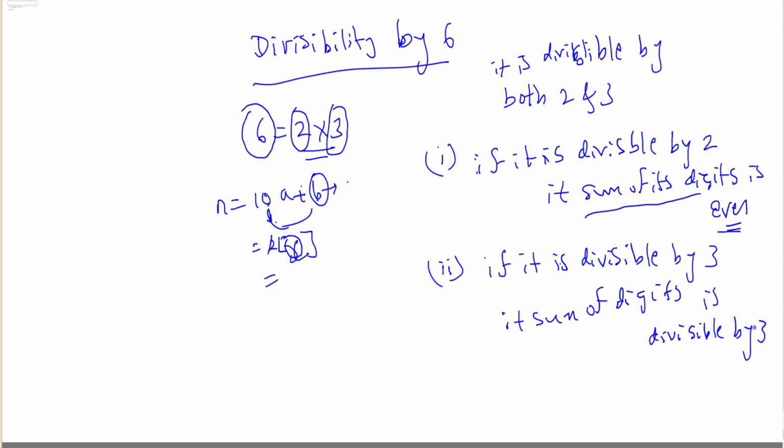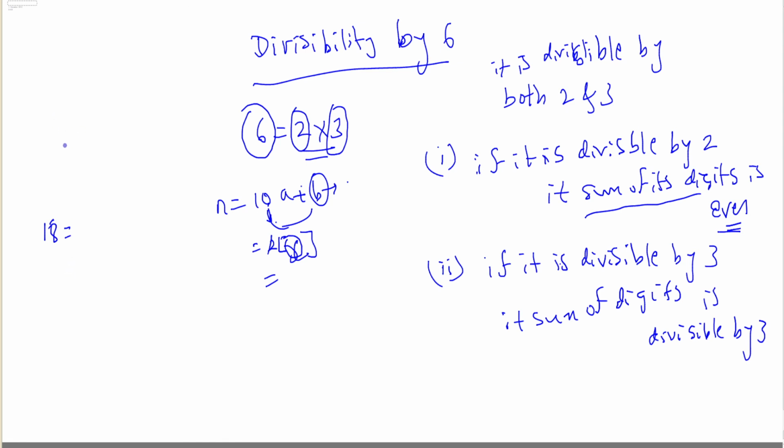Divisible by 3. For example, I can take 18. What to check? Whether 18 is divisible by 6. We need to check whether it is divisible by 2 and 3. If suppose a small number is there, you can say directly it is divisible by 2 and 3, and so by 6.